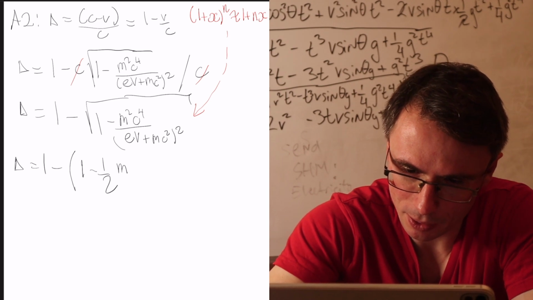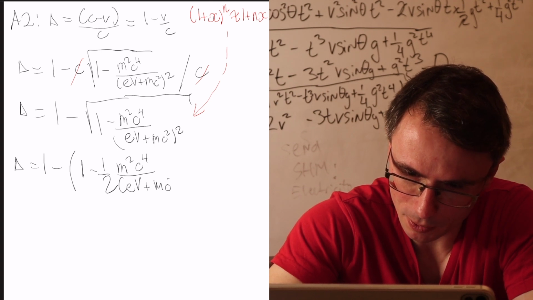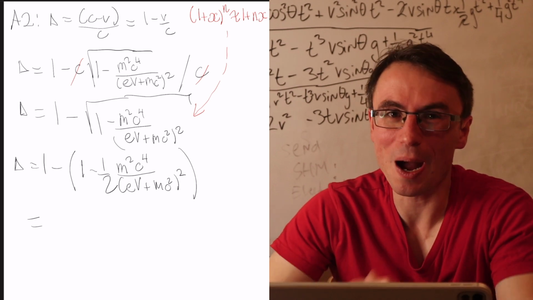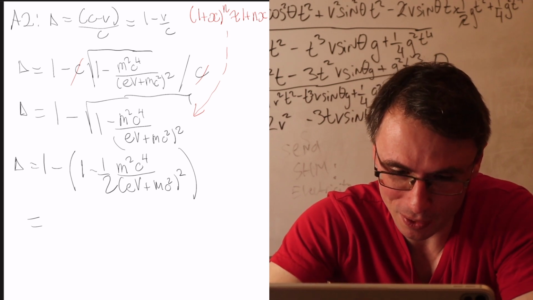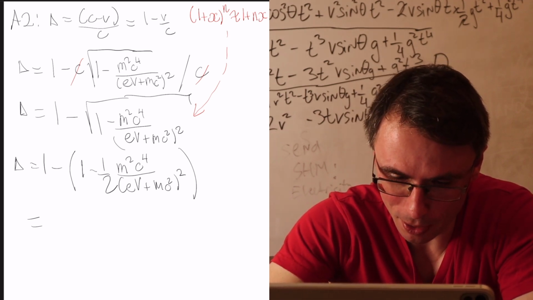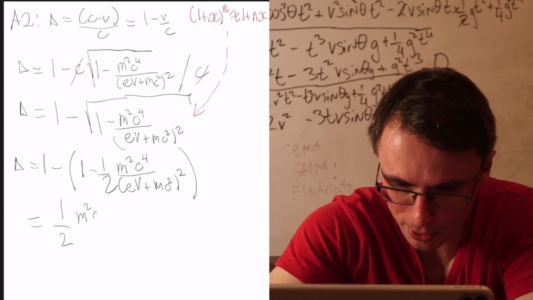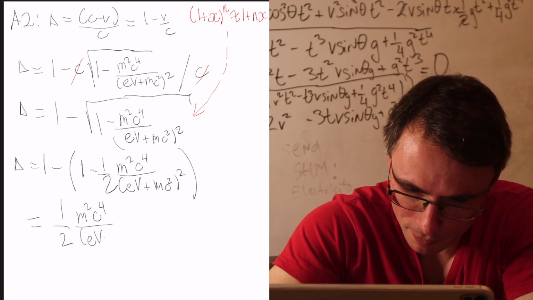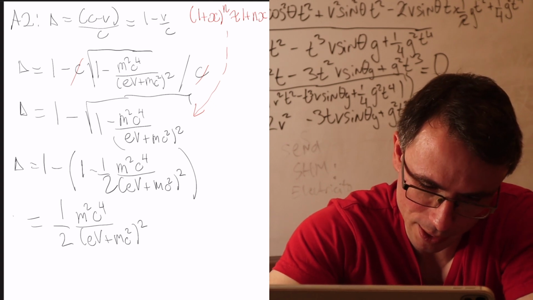Now our x is this, m squared c to the power 4 over (ev plus mc squared) squared, like this. Things are starting to cancel out now, which is typically a really good sign in physics problems. So the 1 and the 1 are going to cancel out, and what we're going to be left with is just a half m squared c to the power 4 over (ev plus mc squared) like this for delta.